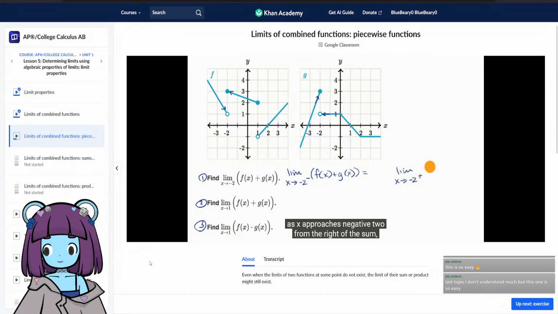So if they both don't exist, then what happens? Oh, so they're breaking it up.